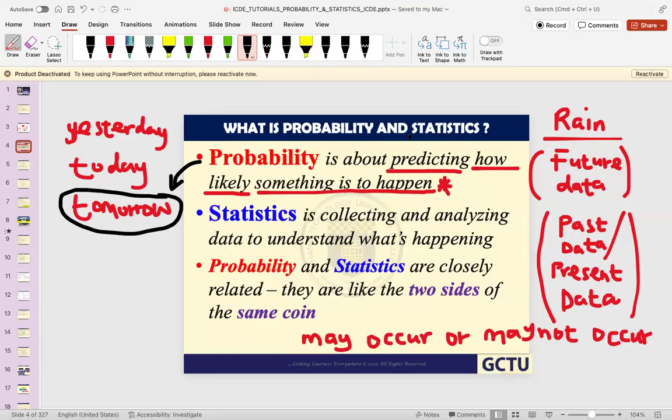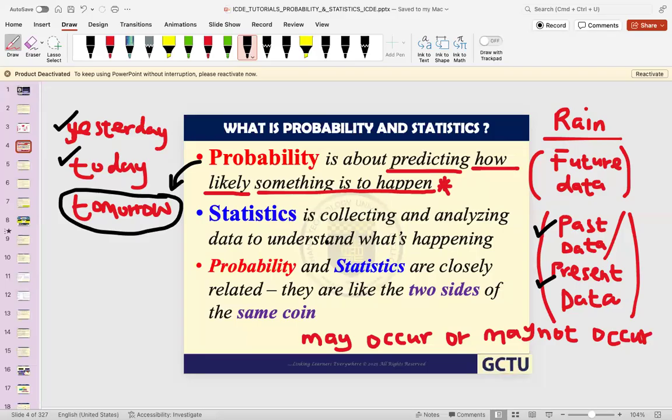Then the other aspect of the course, statistics. Statistics also handles yesterday and today and not tomorrow. Statistics handles past data and present data.